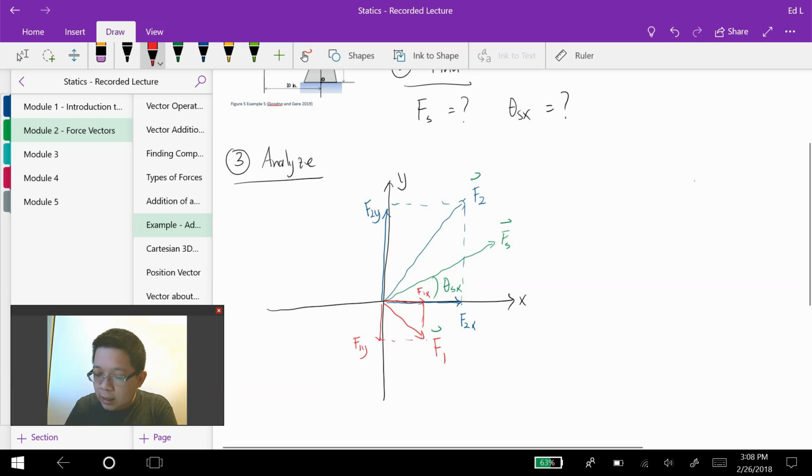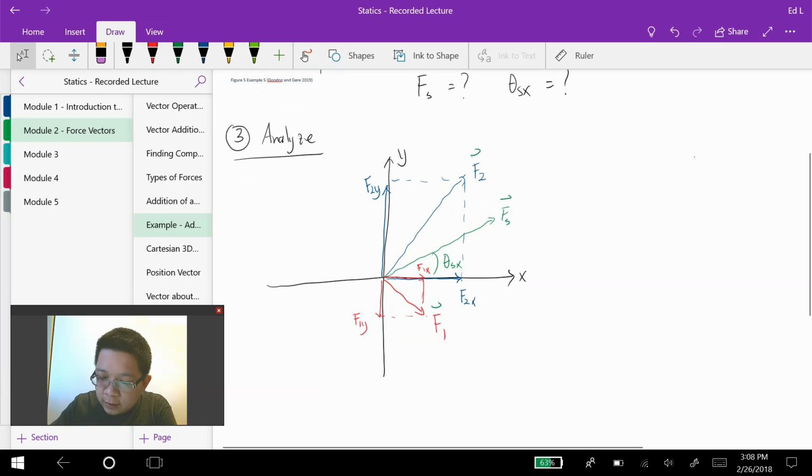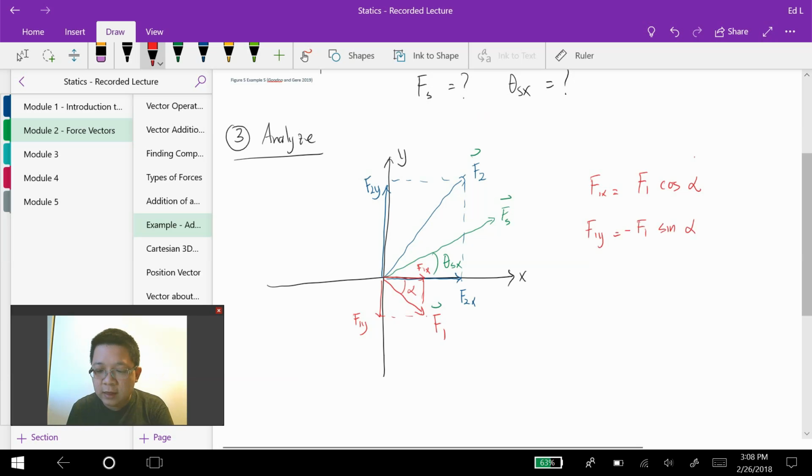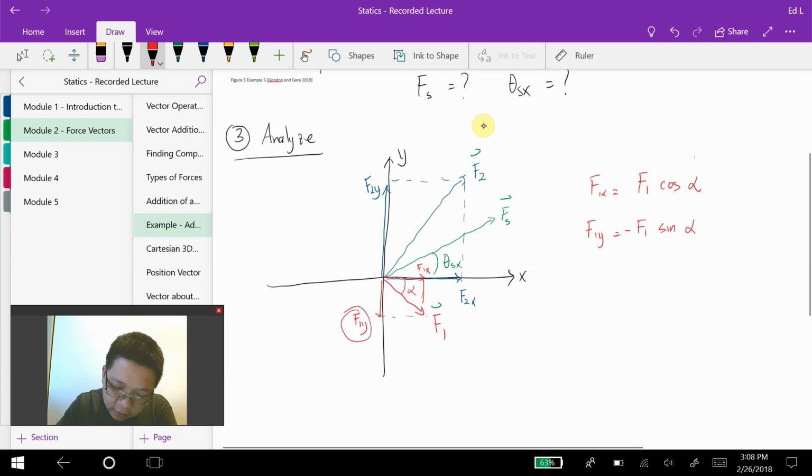And we can calculate here F1x is basically, this angle is alpha, right? F1x is F1 cosine alpha, F1y is F1 sine alpha. However, the sign is negative here because F1y is going in the negative y direction.